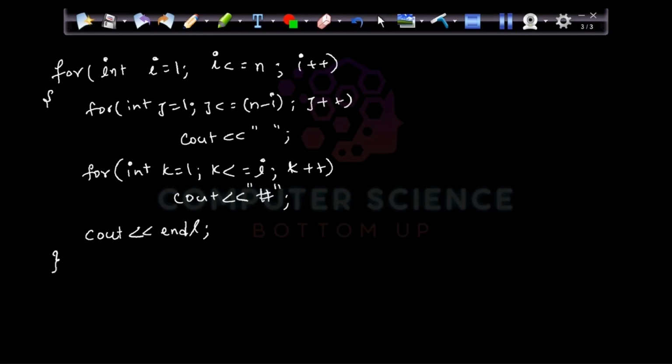So let's write this code in Visual Studio Code and see if it runs correctly or not, which it will. It is an easy code. And then I will upload it in HackerRank.